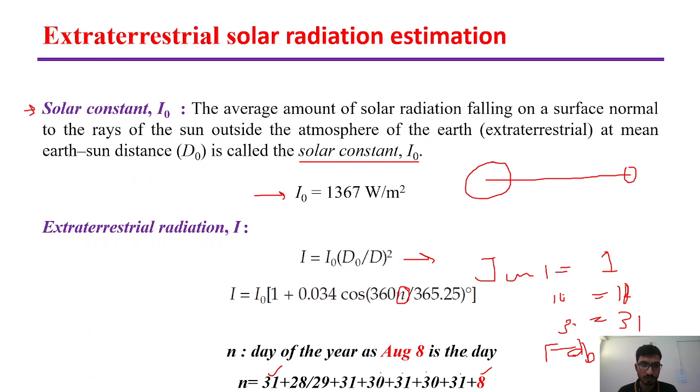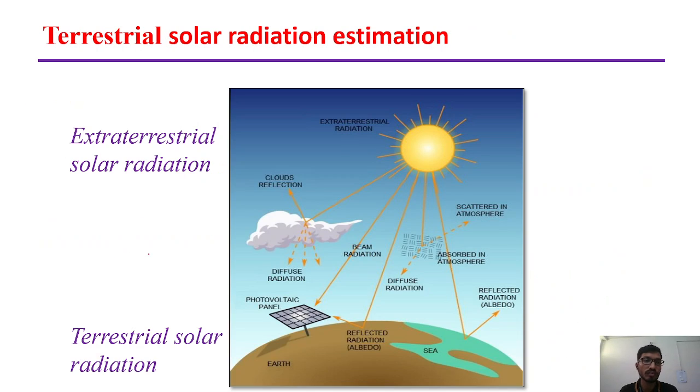Once we know the solar radiation on the extraterrestrial surface, then comes solar radiation on the terrestrial surface. We can divide the whole system into two parts: the terrestrial and the extraterrestrial. While solar radiation falls from the sun to any surface, it passes through the atmosphere.